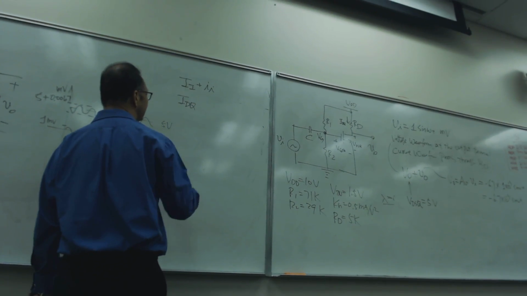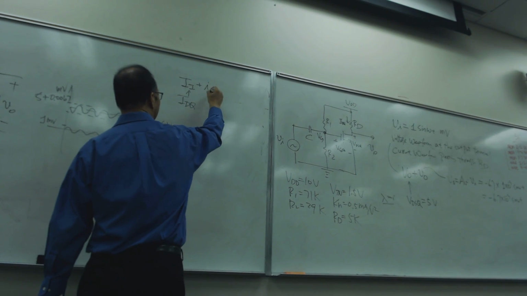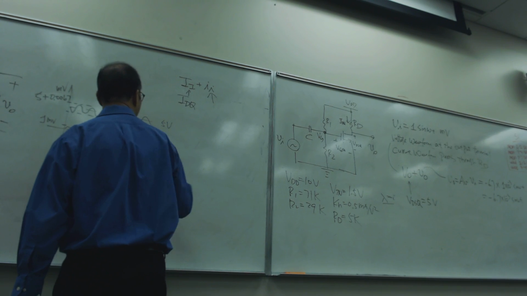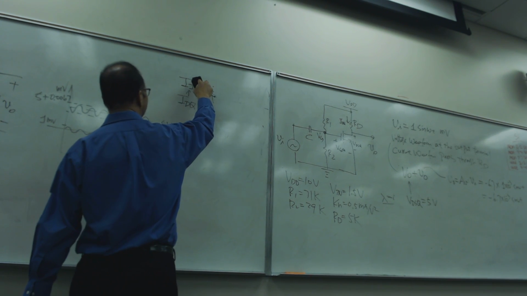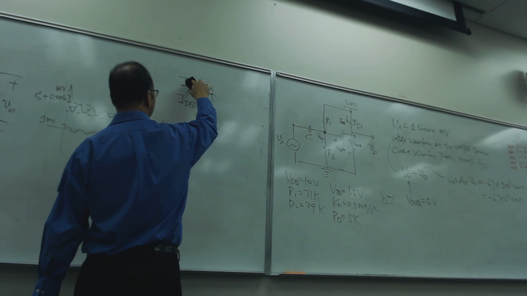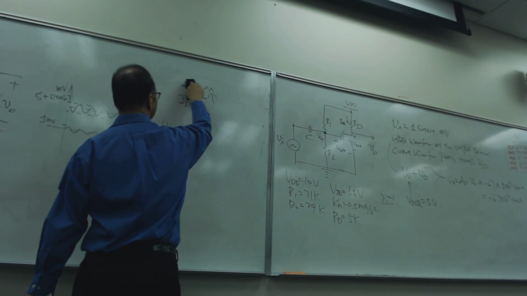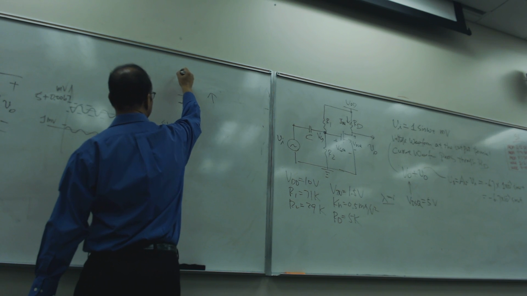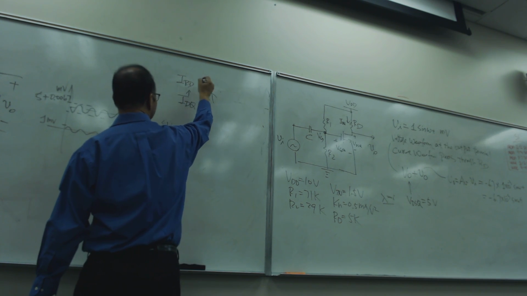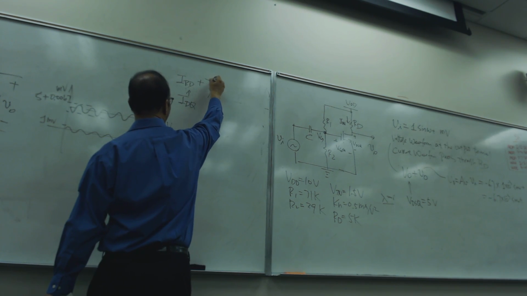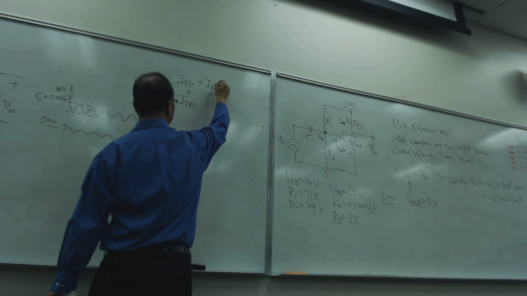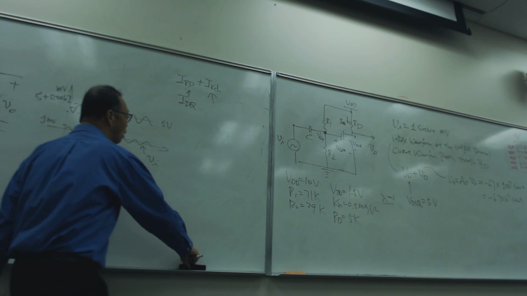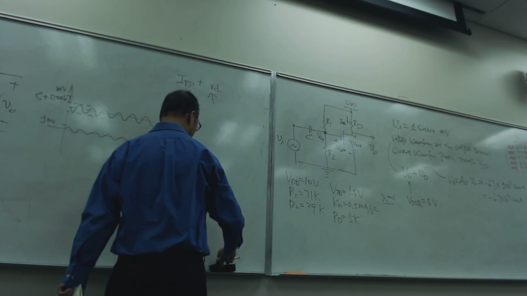So we know that. What about here? This is not II, I'm sorry. We're talking about the output current, right? So this is IRP plus IRP, whatever.